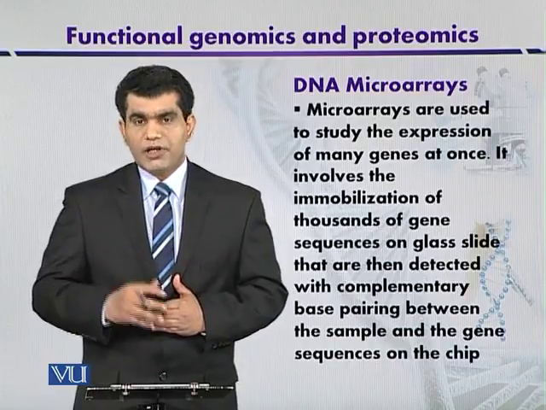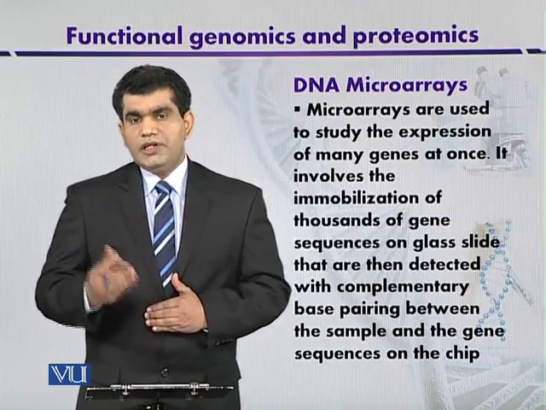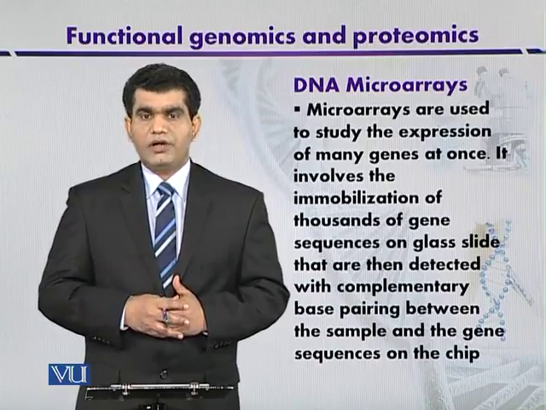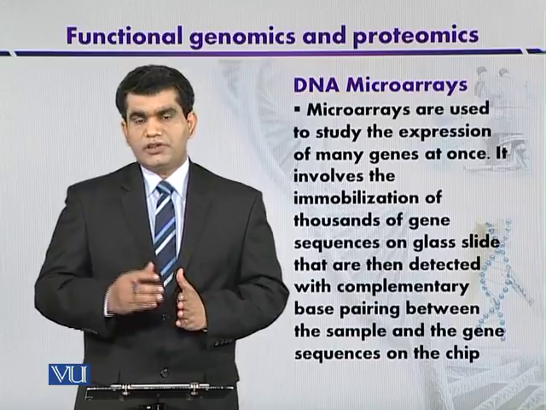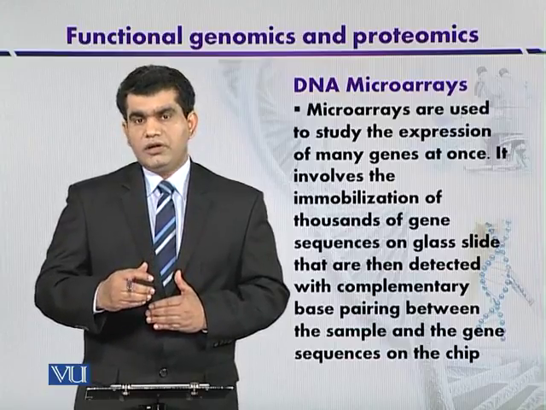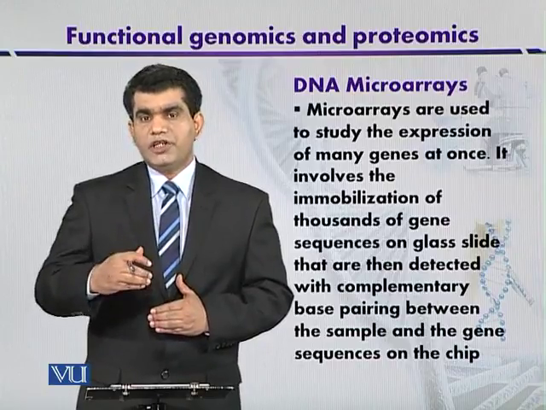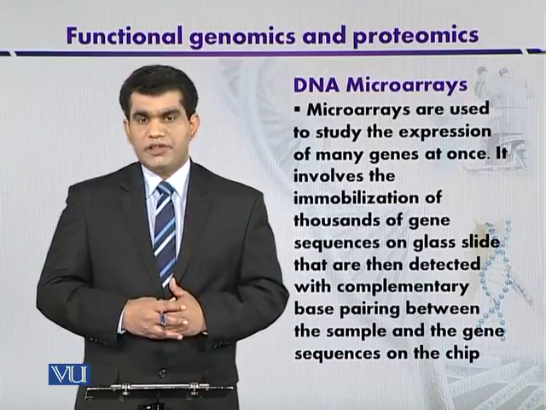And after immobilization, the RNA is extracted from the single cell, or in other cases from the tissue, and then this messenger RNA can be fluorescently labeled by using different types of reagents.